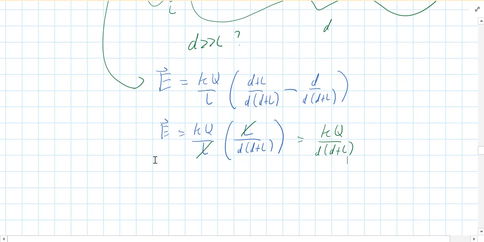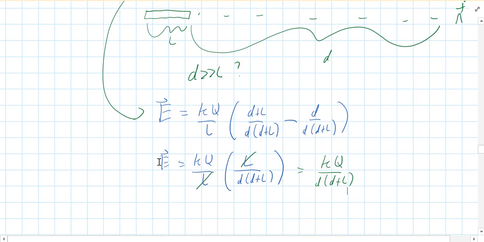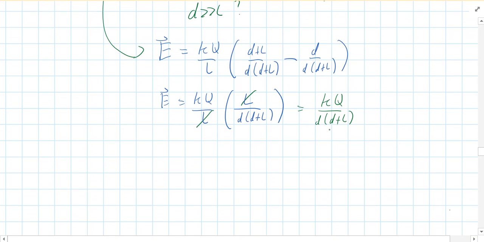Now, the next thing I'm going to show you is something that we use a lot in math and physics: limits as something approaches something. As D becomes much, much larger than L, if you're adding D plus L, that's roughly equal to D. For instance, if D is 1,000,000 and L is 2, who cares about the 2? That's about 1,000,000. So this is roughly equal to KQ over D squared.